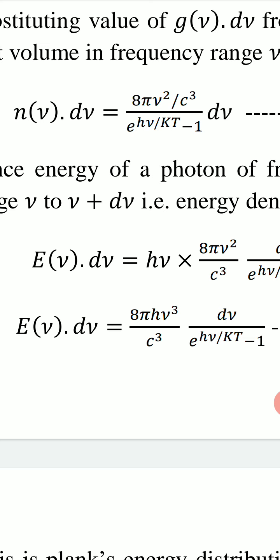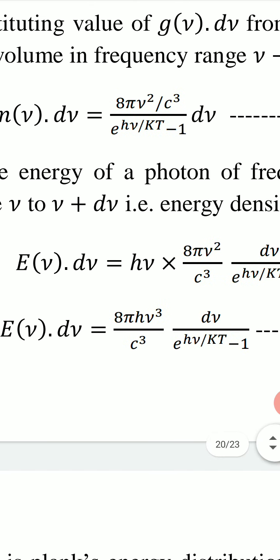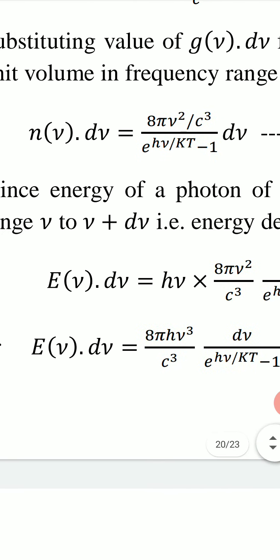So the energy of these n nu d nu photons will be h nu times this number of photons. The energy per unit volume in the frequency range nu to nu plus d nu we write as E nu d nu. It will be h nu times this n nu d nu.